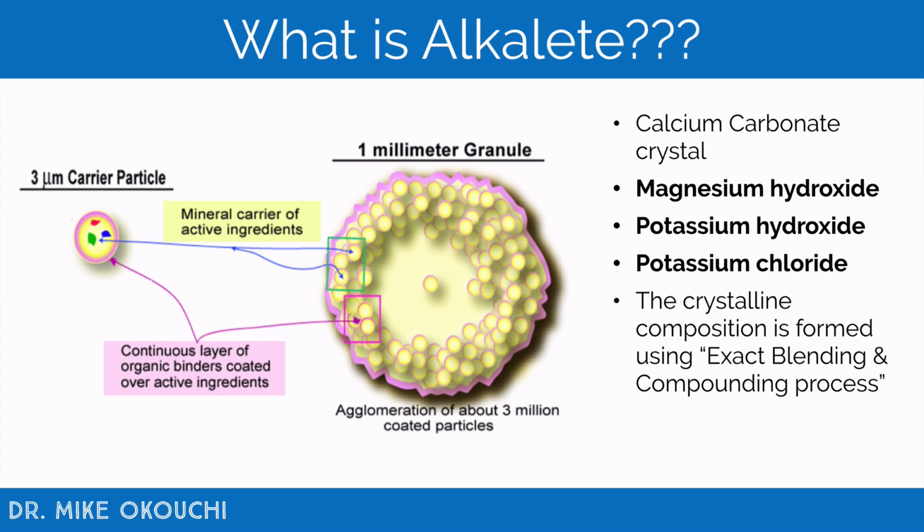You have all these hydroxides surrounding a calcium carbonate crystal, which stabilizes it. So essentially, you have a brand new thing that is greater than the sum of its parts.